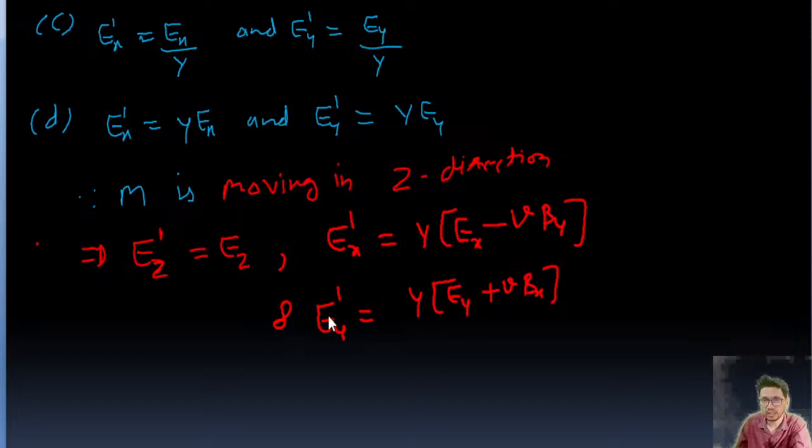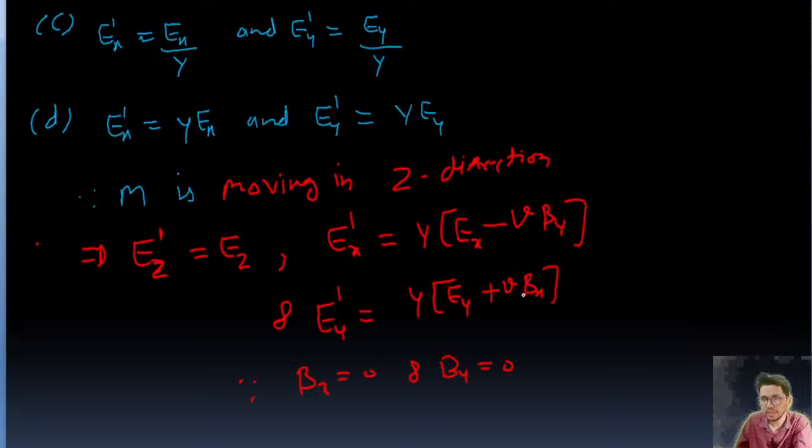In this case, Bx equal to By equal to 0, so those terms are going to be 0.